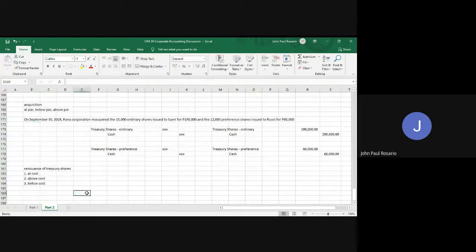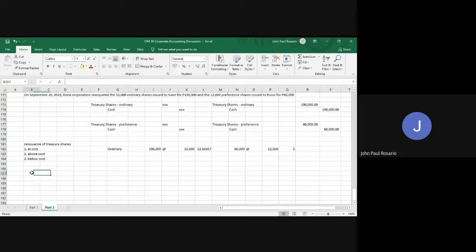Now, what is the cost of the ordinary? 190,000 for 15,000 shares, and then 60,000 for 12,000 shares. So what is the price per share? That's 90 divided by 15 for the first cost per share. The other one is 60 divided by 12,000. Okay, sige.